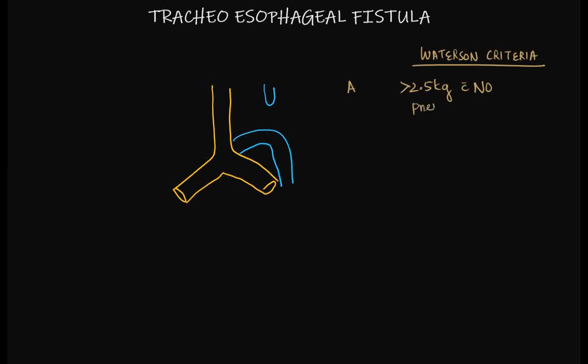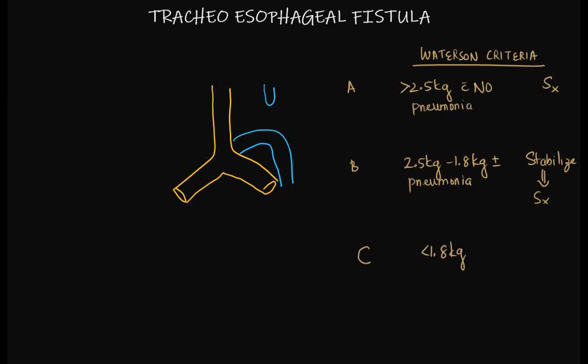Group A are babies with weight more than 2.5 kg and with no pneumonia. So immediate surgery is undertaken for such babies. In type B, the weight ranges from 1.8 to 2.5 kg and there may or may not be the presence of pneumonia. In this, first the child is stabilized and then surgery is undertaken.